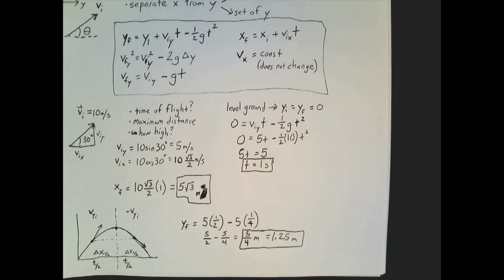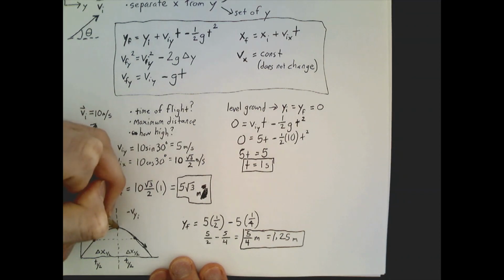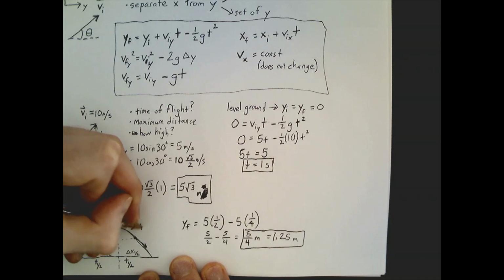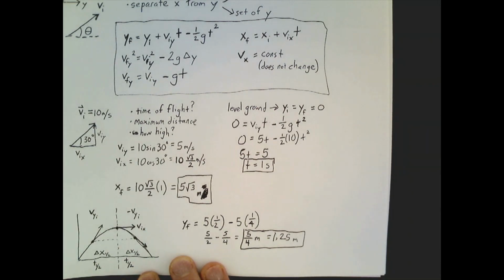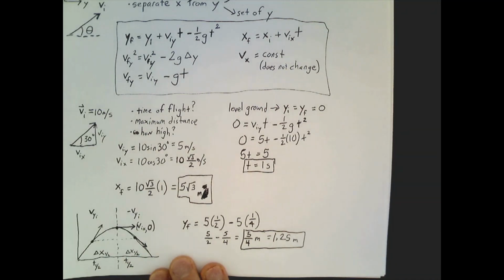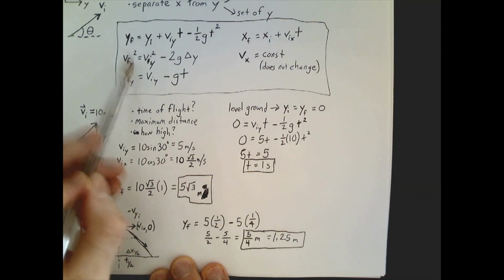There's another way we can do this that might even be faster. Remember, at the top, the velocity vector always points tangent to the trajectory curve. So at this very top, it's completely flat. The velocity points directly horizontal, and this is equal to V_ix at this point. The y component is 0 at the top. So we can use that fact with our second kinematic equation, V_fy equals 0.